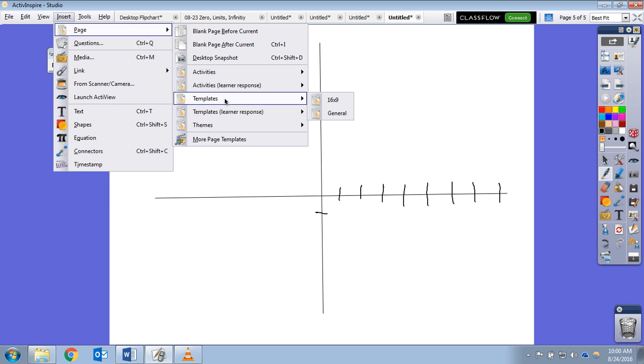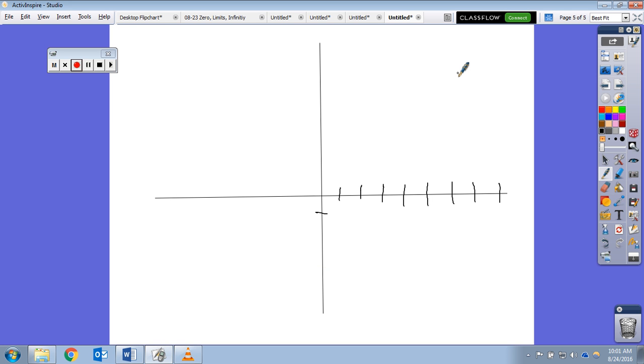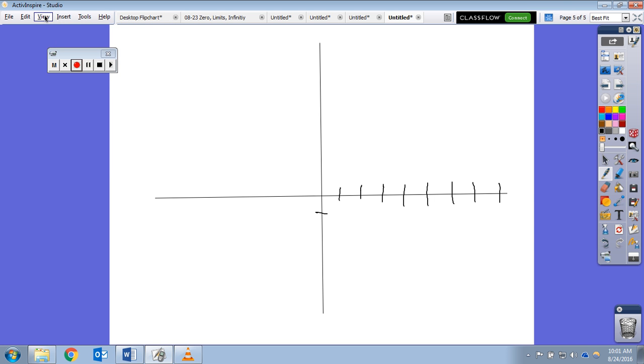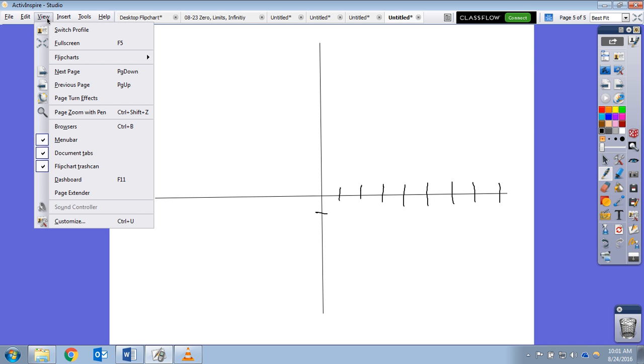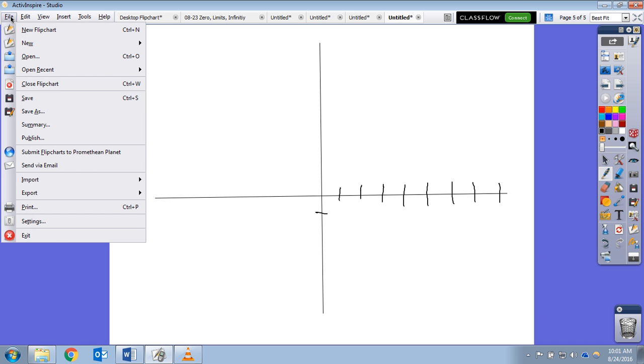It's to your right. Last class tried to help me. What do you think? I think it might be a file. Let's look at our options in file.